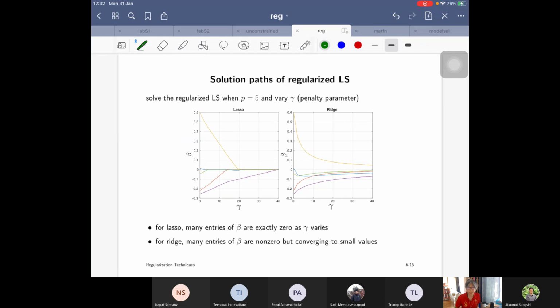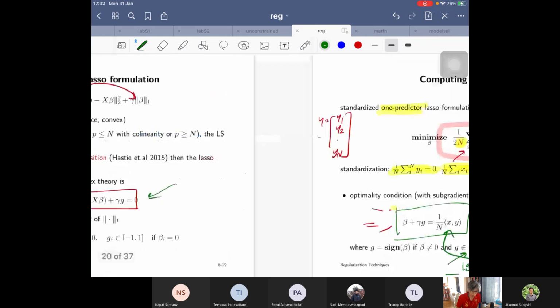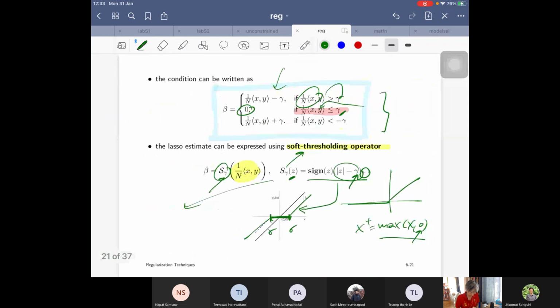Or if you want to select gamma according to some rule, like the one that minimizes the test error, there is going to be a cross-validation process that MATLAB or any library, any language, also provides.